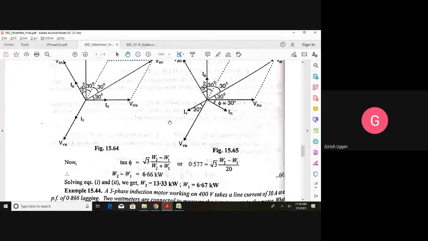So for an RL load having a phi of 30 degrees, the wattmeter reading W2 changed from 10 to 13.33, and W1 from 10 to 6.67. But if you see the total power consumed, 13.33 plus 6.67, that is 20 kilowatt. That remains the same.